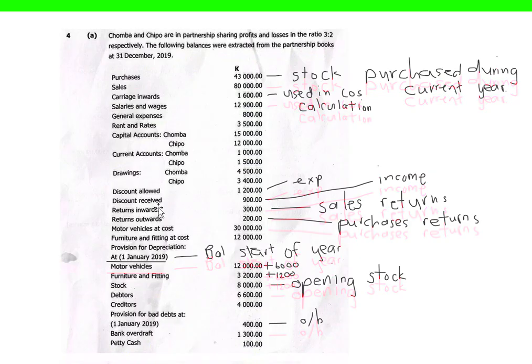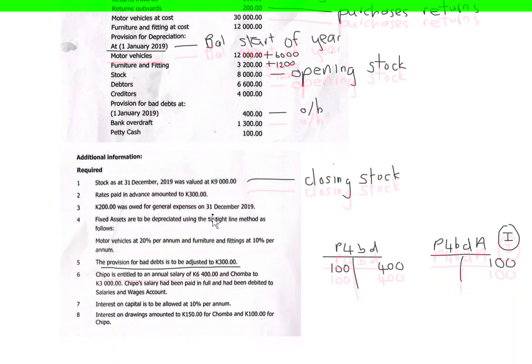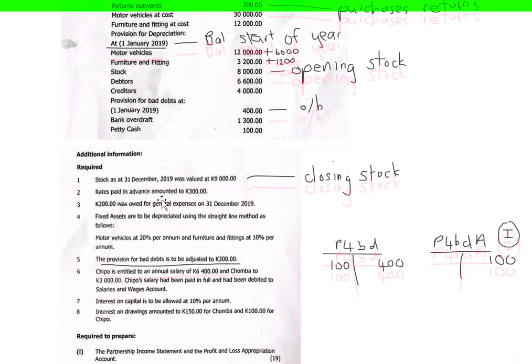But anyway, we've paid 300 Rand too much with regard to the rent and rates. That amount there is actually too much because we've paid 300 Rand, which is only due for our next financial year. So rates paid in advance amount to 300 Rand. You're going to have to make an adjustment there. I keep saying rands, I apologize. It should be kwacha.